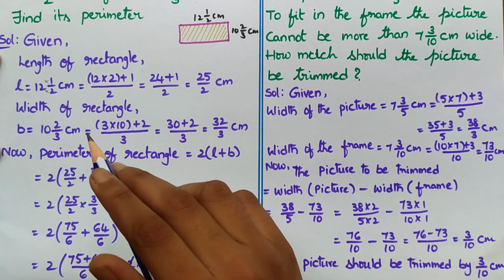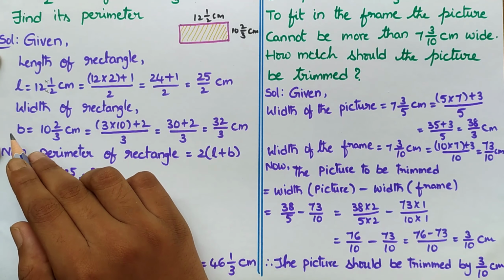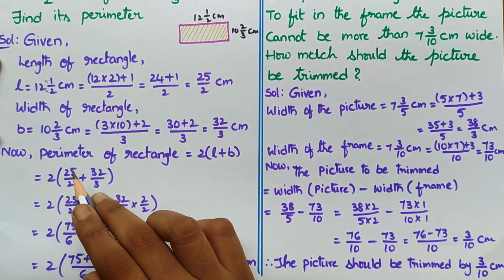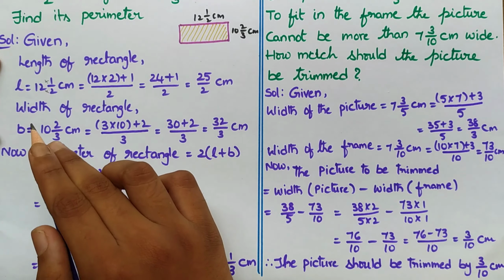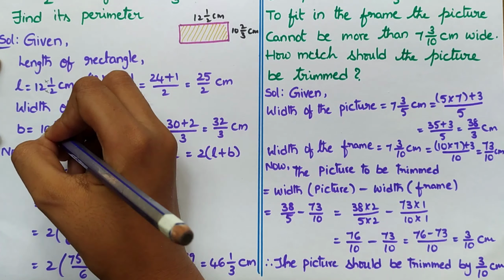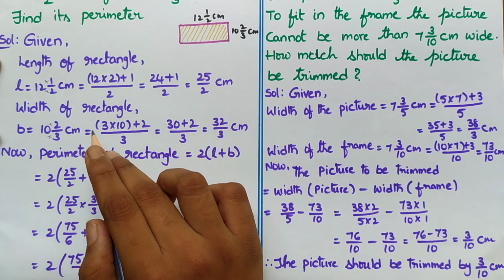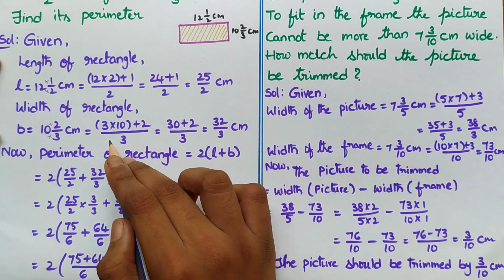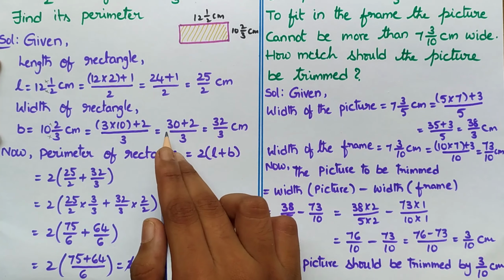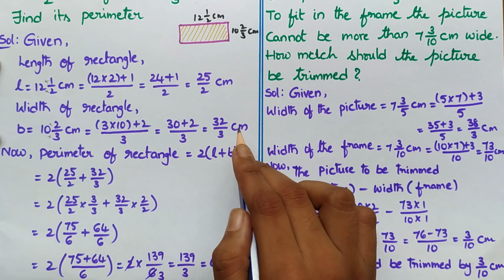Now, what about the width or breadth? The width of the rectangle, indicated by B, is equal to 10 2/3 centimeters. Now let us convert this fraction into an improper fraction. 3 into 10 plus 2 by 3, which is equal to 30 plus 2 by 3, which is 32/3 centimeters.